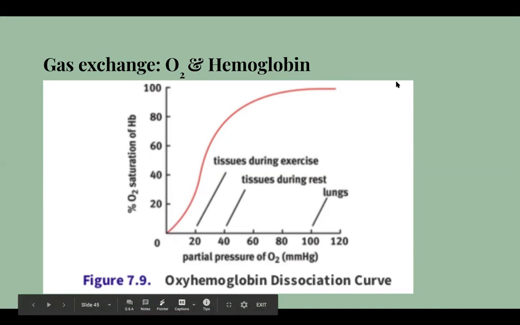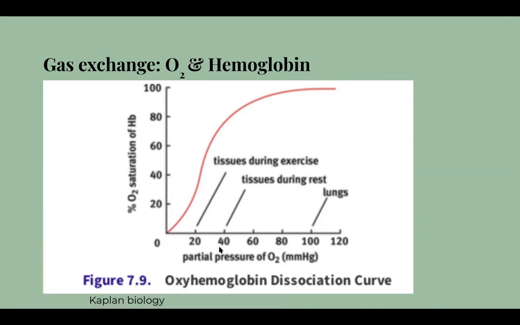On the other hand, when you're at tissues at rest, so these are tissues in other body organs, your partial pressure of oxygen is much lower than it is in the lungs. So your hemoglobin lets go of that oxygen to supply the tissue with oxygen. That's why its oxygen saturation is lower when the partial pressure of oxygen in the tissues is lower.